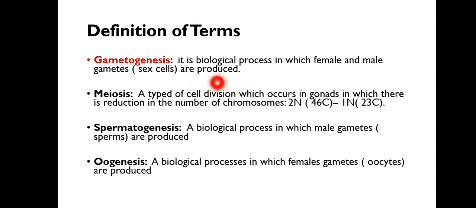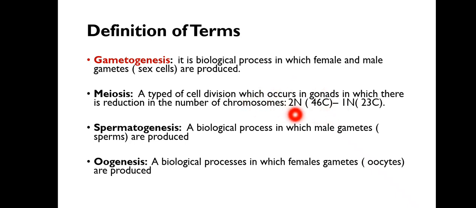Remember when you looked at the cell cycle, you looked at meiosis and realized there was a reduction in the number of chromosomes. 2N simply means the diploid number of chromosomes, or 46 chromosomes. You reduce those to what we call the haploid number of chromosomes, or 1N, which simply means 23 chromosomes.